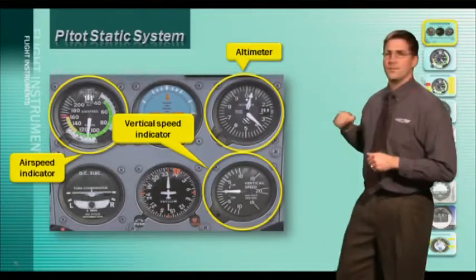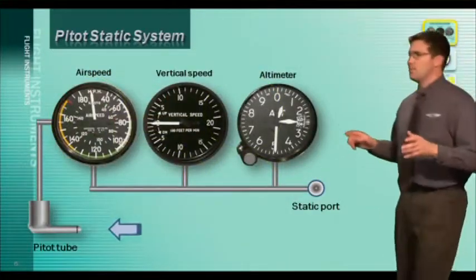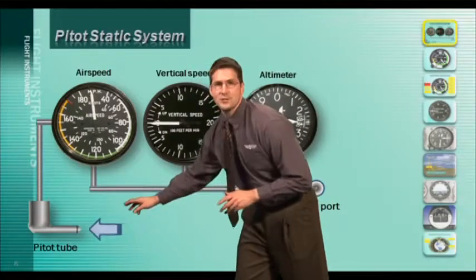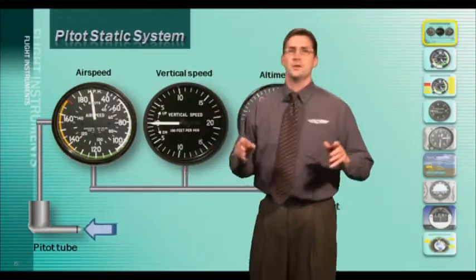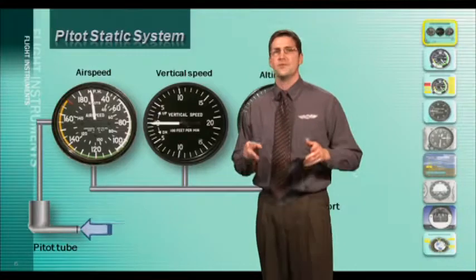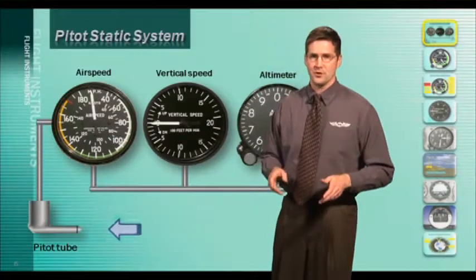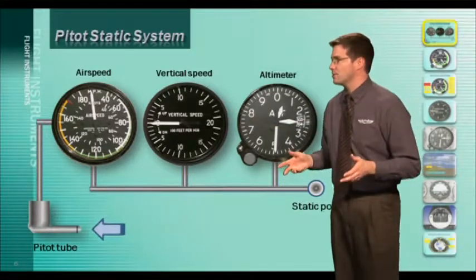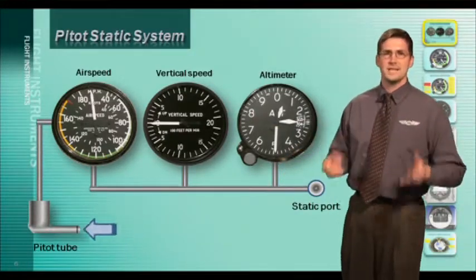Check this example. The pitot tube receives ram air pressure or impact pressure, which is the result of the airplane's pitot tube being struck by air as it moves forward. This ram air pressure moves up into the airspeed indicator. Now, static air pressure information is also provided by the static port.